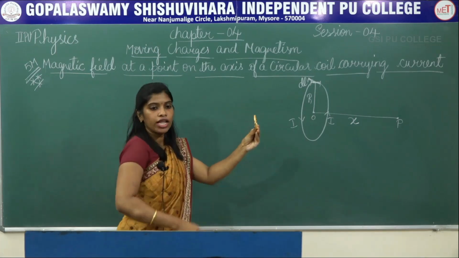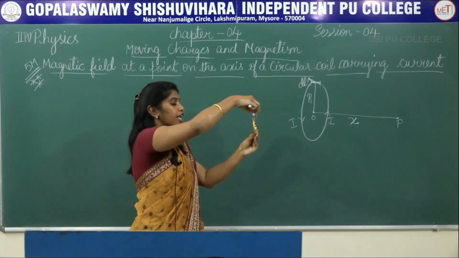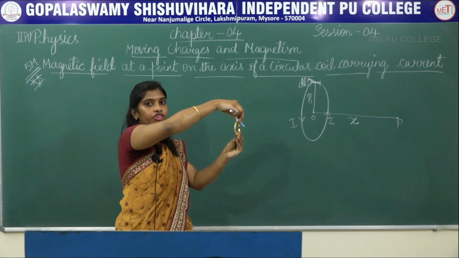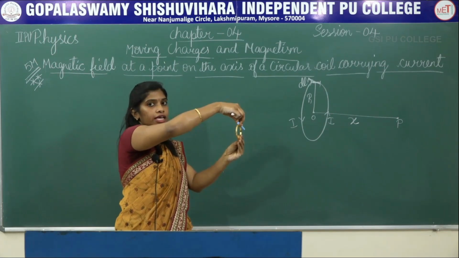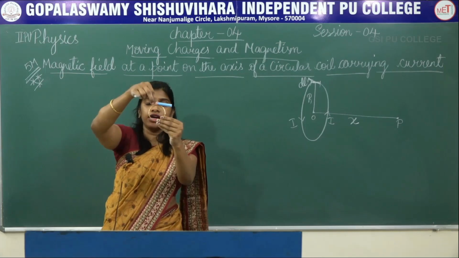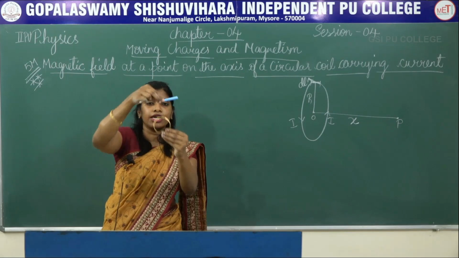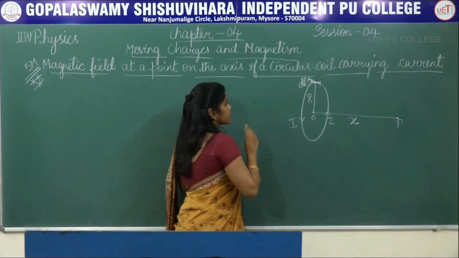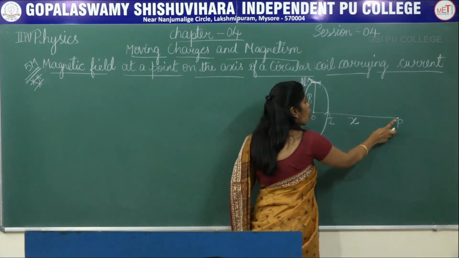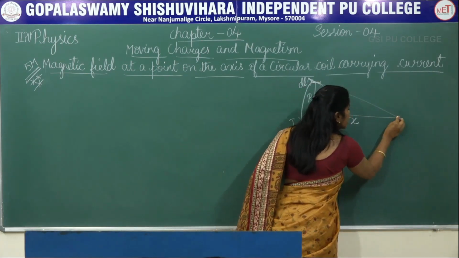If this is the coil, then the current element will be taken tangential to this surface, like this, in this direction.